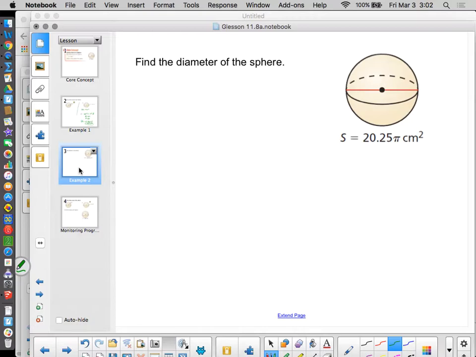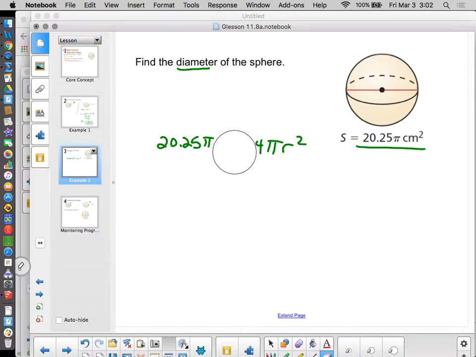This time it asked me to find the diameter of the sphere given the surface area. Oh my. This is getting complicated, isn't it? Well, surface area, 20.25 pi centimeters squared is 4 pi r squared, isn't it? Okay.